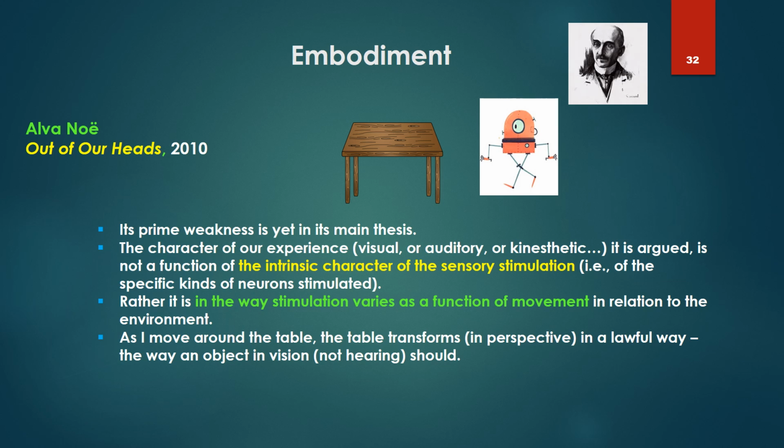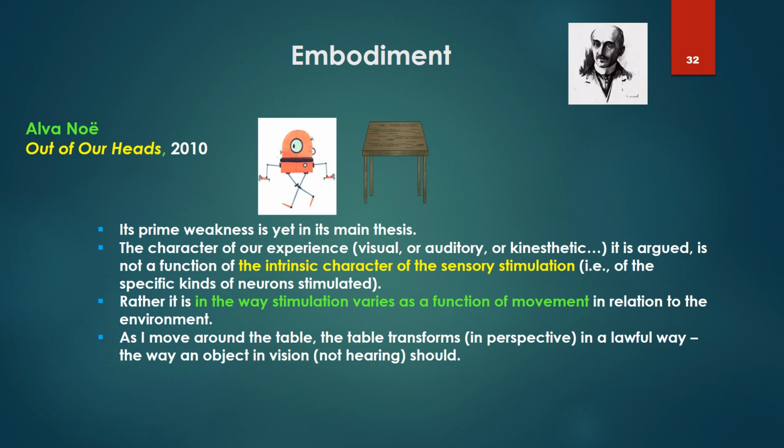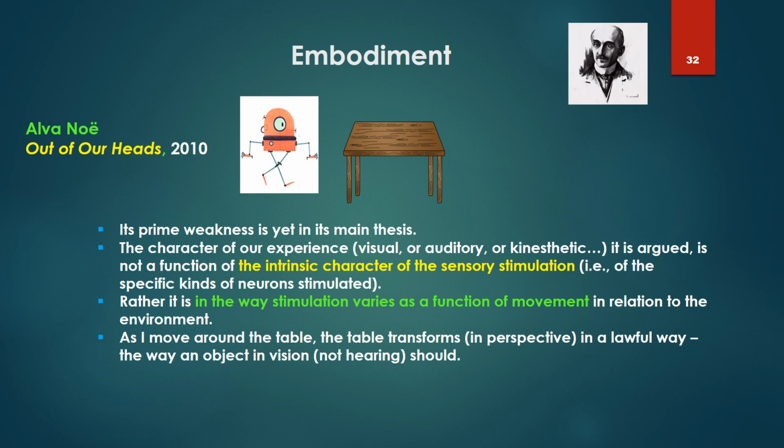As I move around the table, it transforms in perspective in a lawful way, the way an object in vision, not hearing, should. So he is arguing that the transformations of the visual world are specific to the visual world, and this is what makes vision as opposed to audition or kinesthetics.